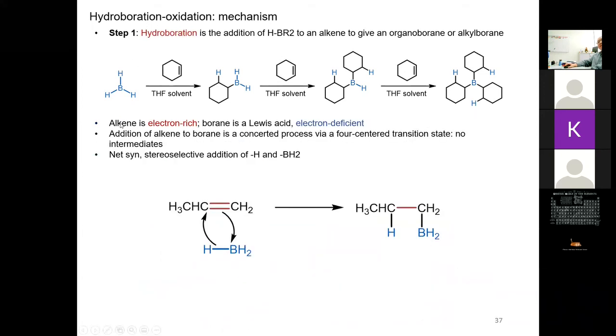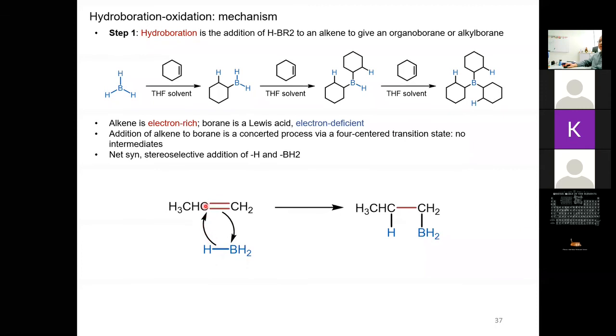The mechanism of this addition is considered to go via a four-centered transition state. No intermediates, it's concerted. Because the boron is electron deficient, the alkene will donate a pair of electrons to boron, and this bond will break simultaneously and form a bond with this carbon.